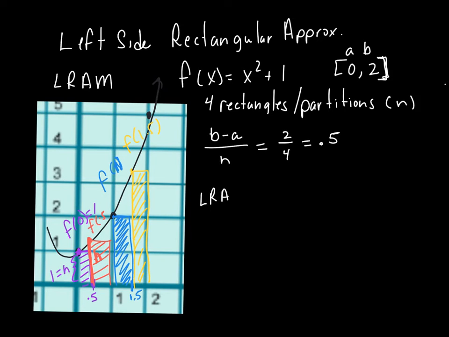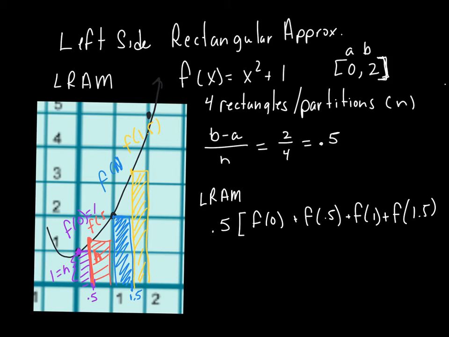So this is what the area is going to look like. The left-hand approximation method, the base is still 0.5. Now I am going from the left side, which means multiplying by my height of my first rectangle, f of 0, plus f of 0.5, plus f of 1, plus f of 1.5.